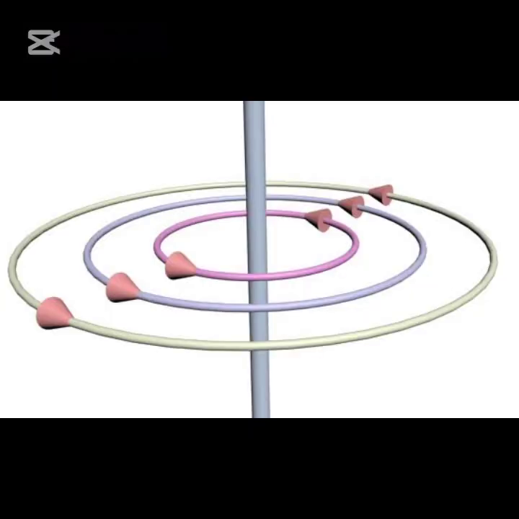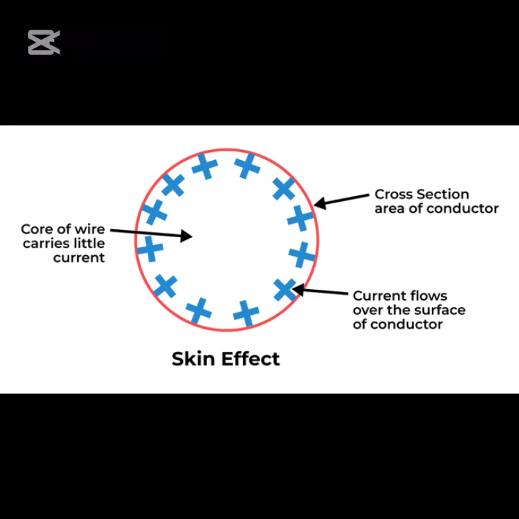According to Faraday's law of electromagnetic induction, a fluctuating magnetic field induces an electric field within the conductor. This induced electric field, in turn, generates opposing currents, known as eddy currents, inside the conductor. These eddy currents resist the original AC current.